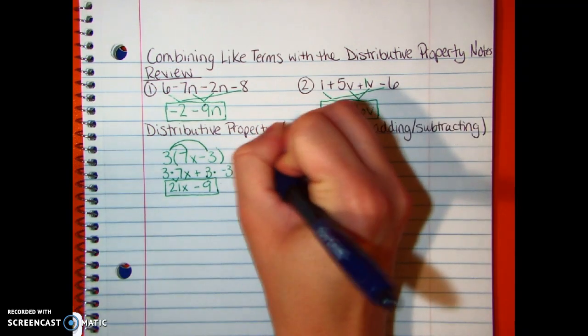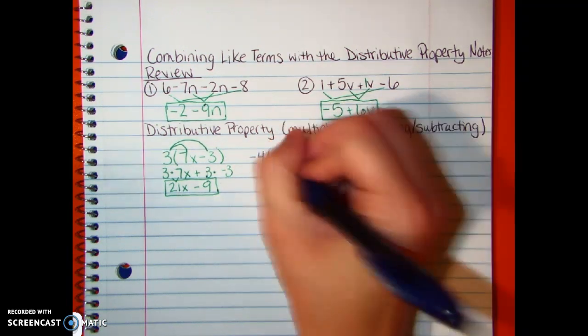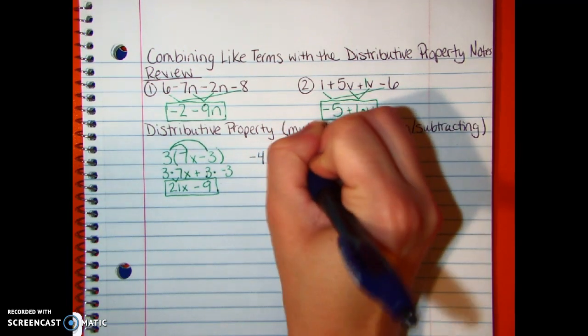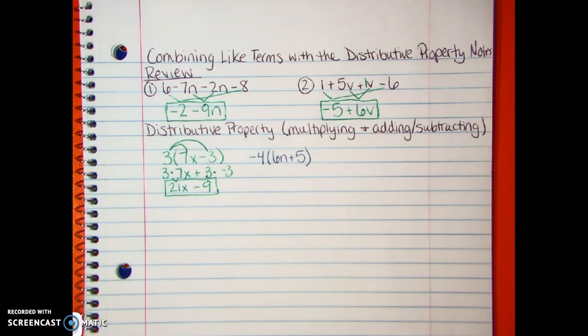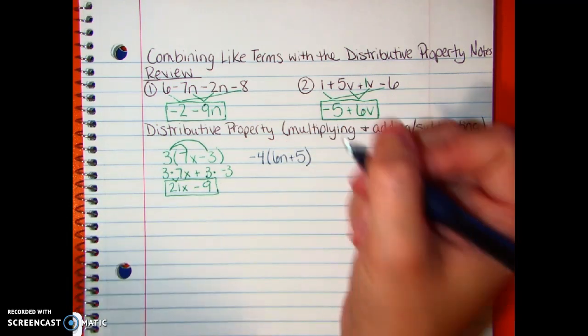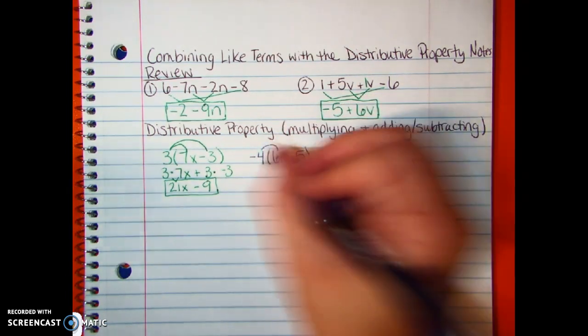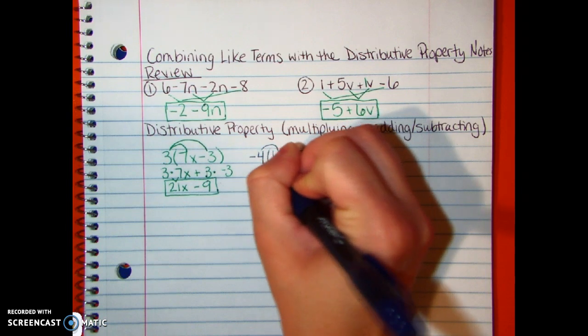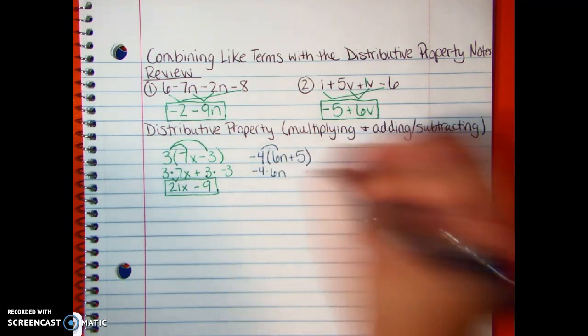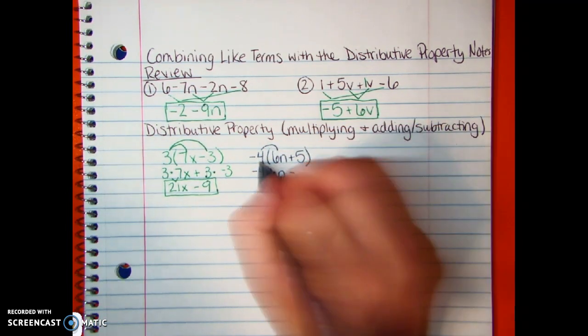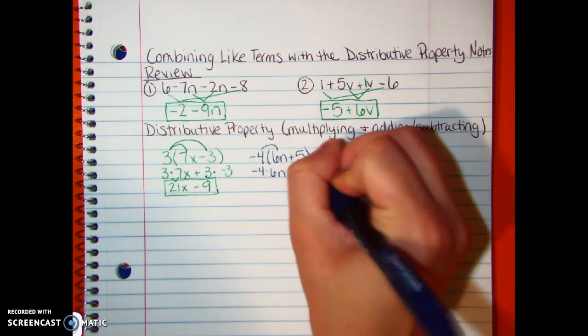Let's do negative 4 times 6n plus 5. Okay. Negative 4 times 6n, if it helps, again, you can write it out. And then put a minus, because this is a negative 4, times 5.